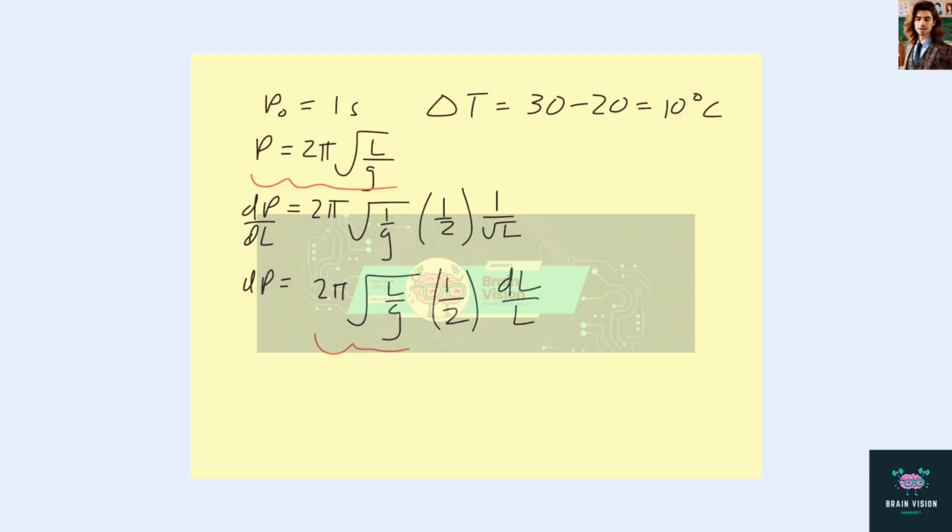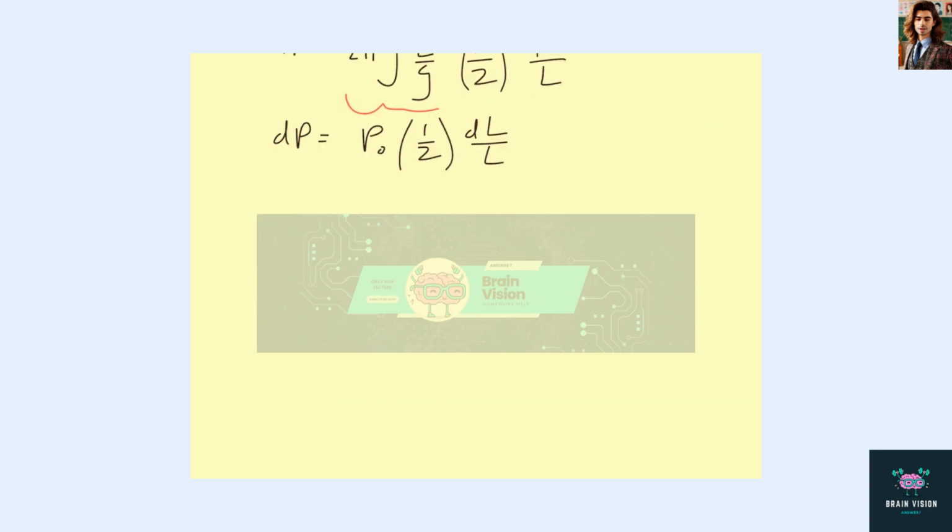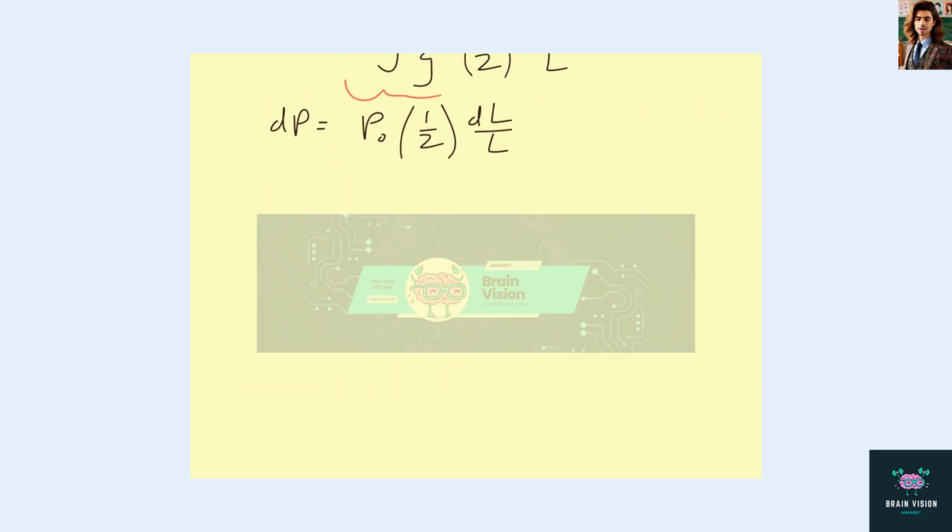Now notice that this is equal to this. So we can say that our change in period is going to be equal to the initial period, P naught, times 1 half times dL over L. Now we can change symbols once again.